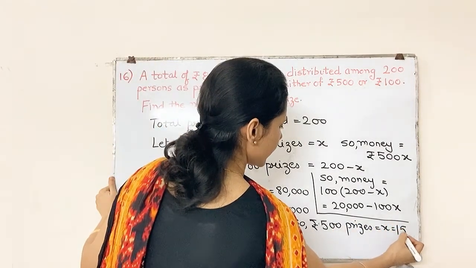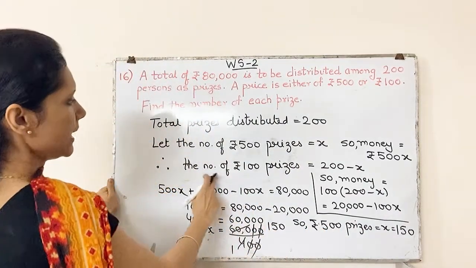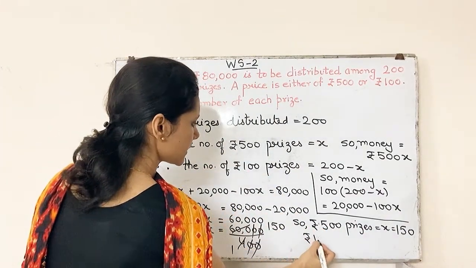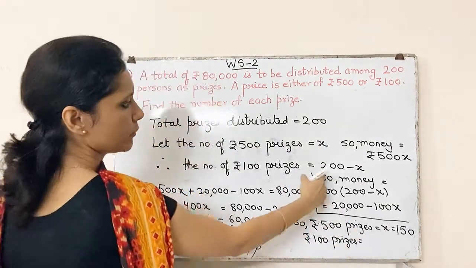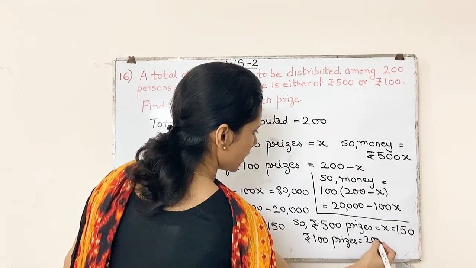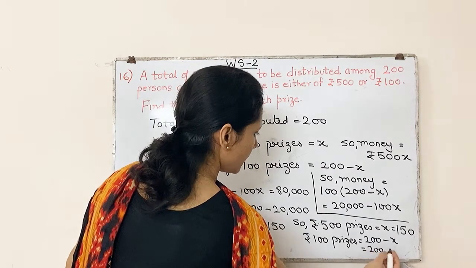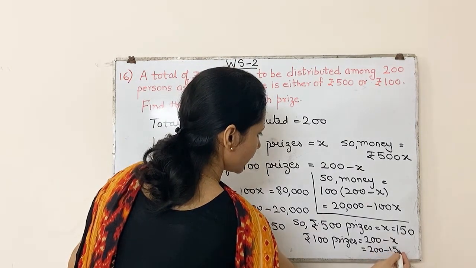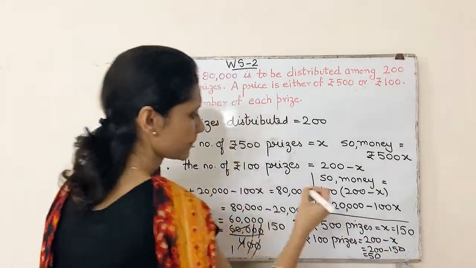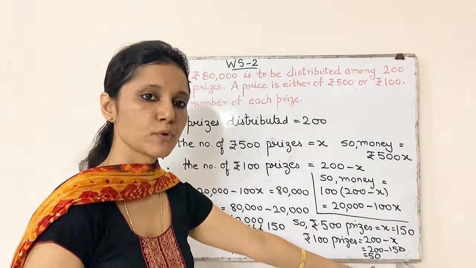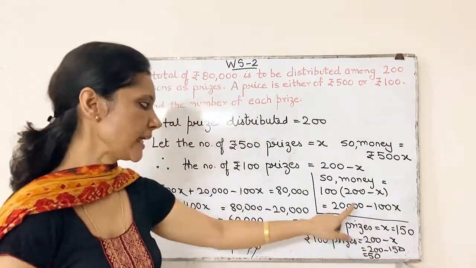That means 150 prizes were distributed which were worth rupees 500, and 100 rupee prizes were how much? 200 minus x. That means 200 minus x, which is equal to 200 minus 150, that is equal to 50. So 50 prizes were distributed that were worth rupees 100, and 150 prizes were distributed that were worth rupees 500.